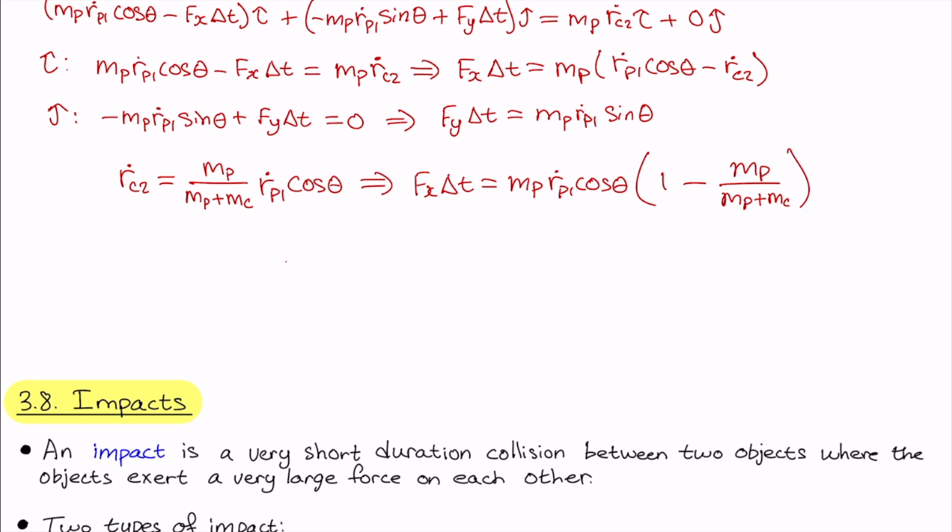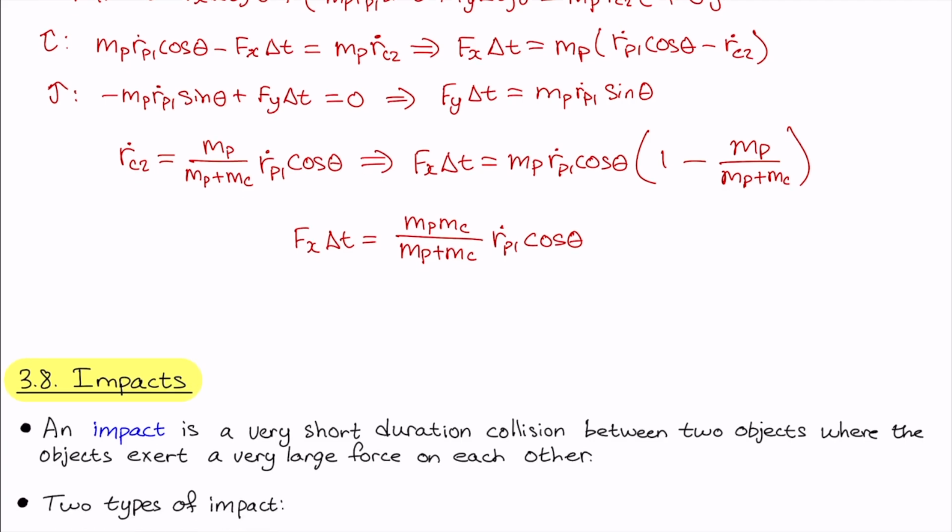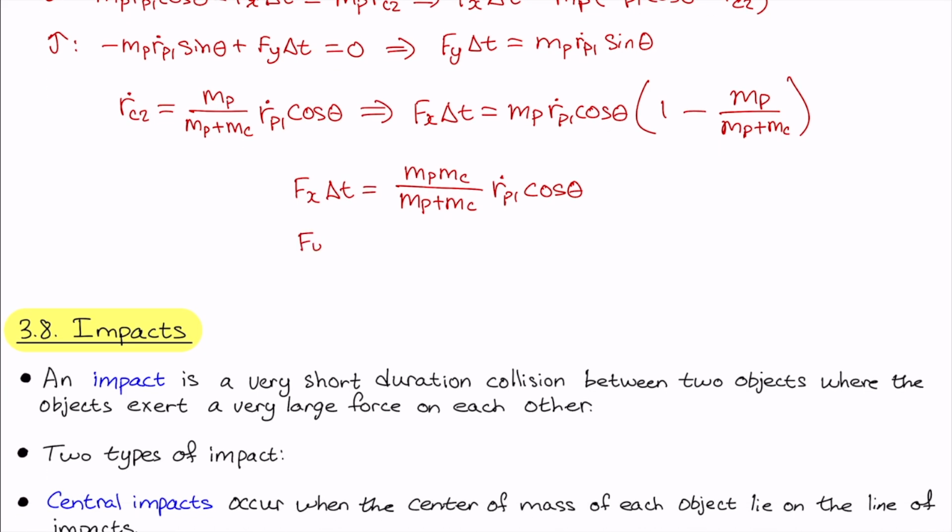From here, we'll find that Fx delta t is equal to m_p m_c divided by m_p plus m_c times r_p1 dot cosine theta, that's in the x direction, or the i direction, then Fy delta t is equal to m_p r_p1 dot sine theta.